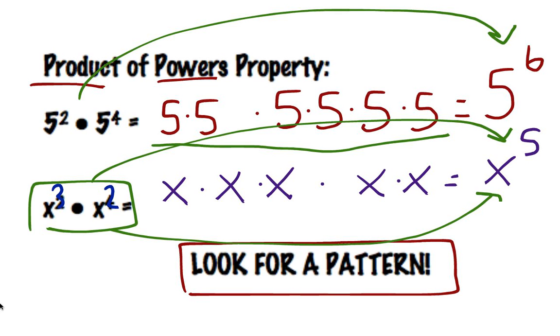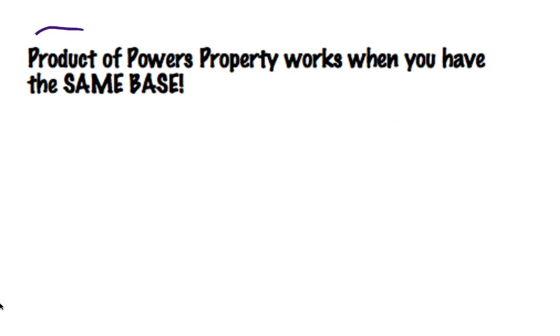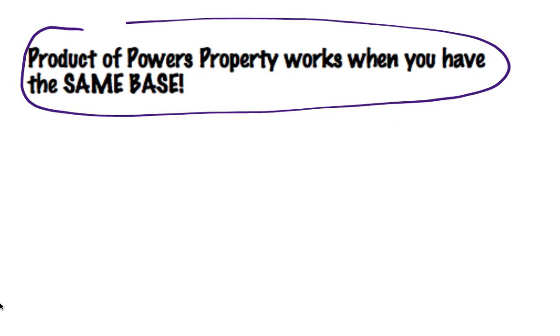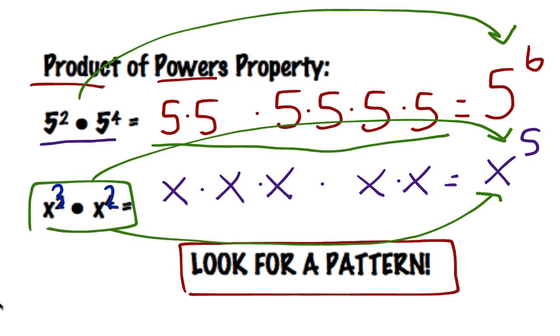All right, in the product of powers property, one important thing that we have to point out is that when you're working with this property, it only works if you have the same base. So hopefully you saw just a second ago that if I multiply with the same base, I can add my exponents to simplify my expression. So 5 squared times 5 to the power of 4, if I add my exponents, 2 plus 4 will give me 6.